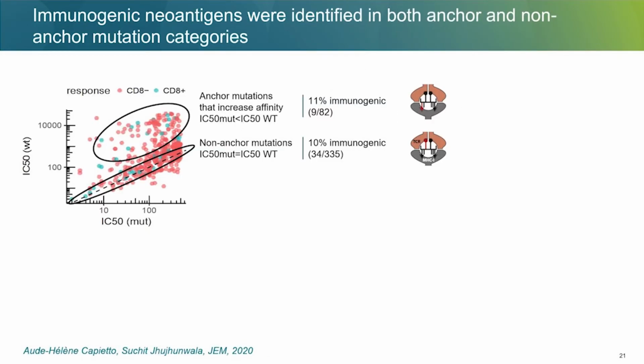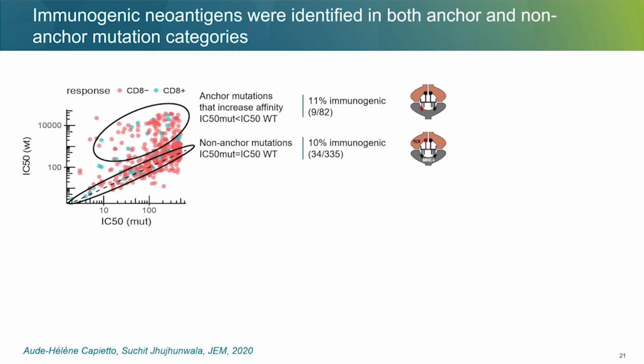Then we looked at these peptides. And what we found is that we have 2 types of mutations. We have mutations that are at anchor residues. They show an increase in affinity over the wild-type counterpart. And we have also mutations which are at non-anchor residues. And for these mutations, the IC50, the binding affinity for the wild-type peptide, is equivalent to that of the mutated peptide.